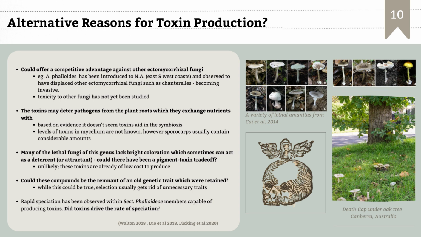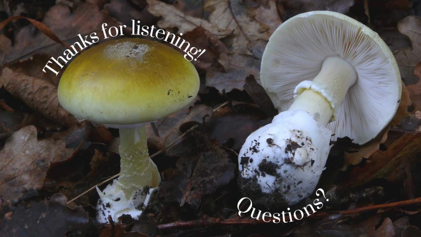And there has been a rapid speciation observed within the lethal section of Amanita, so the phalloides section. Especially within the members that are capable of producing the toxins, because as we saw, some members don't produce the toxins, but perhaps toxin production can also drive the rate of speciation.